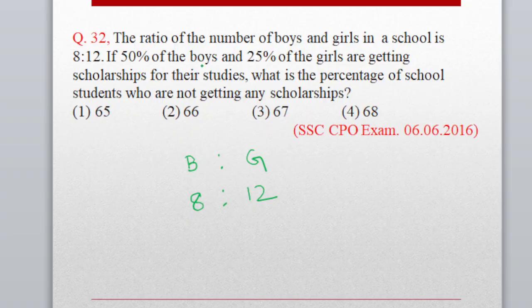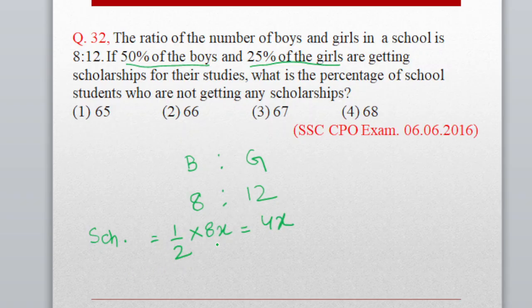Now 50% of the boys and 25% of the girls are getting scholarship. So those who are getting scholarship, 50% means 1 by 2 of 8x, because boys are 8x and girls are 12x. So that is equal to 4x.